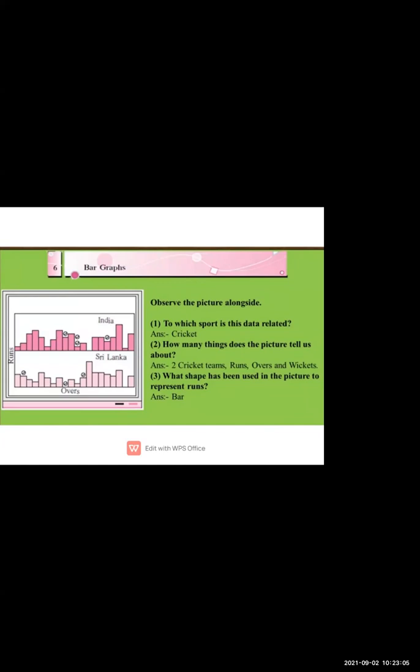Very good. It is a cricket sport picture. The runs are there on the left hand side. Here are the runs and here are the overs. So through this we come to know that the picture is showing the sport, that is cricket.